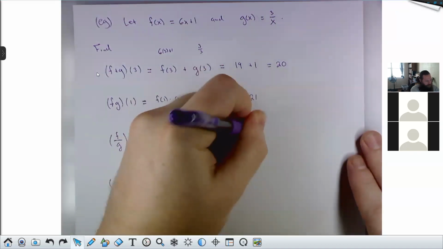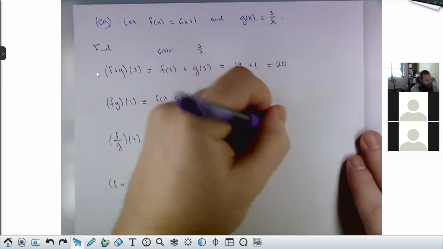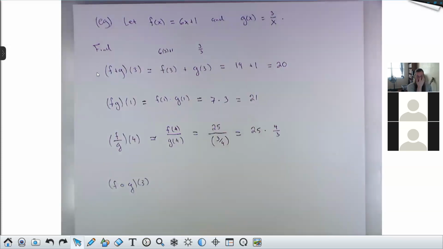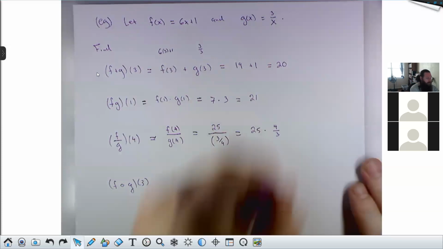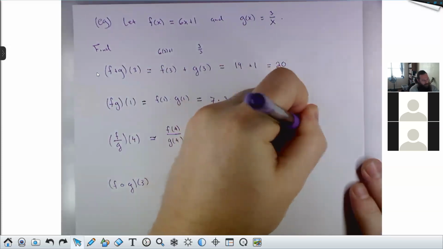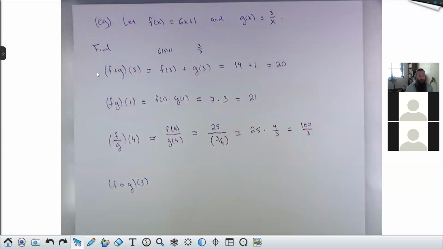So this would be 25 times 4/3. 25 isn't divisible by 3, so there's not going to be any simplification we can do here. But 25 times 4 is 100. So this is 100/3. Any questions about how we found this or simplified it?